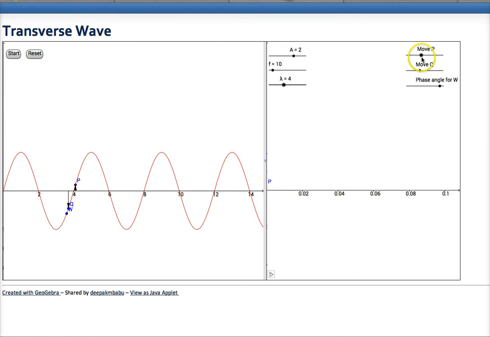I set position P to 0.4, Q to 0.6. And W I'm going to set to coincide with particle P. They overlap each other. Do you agree with that? W and P overlap with each other.